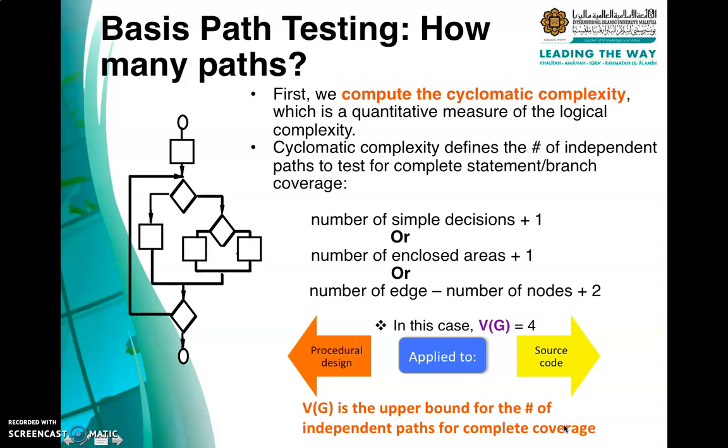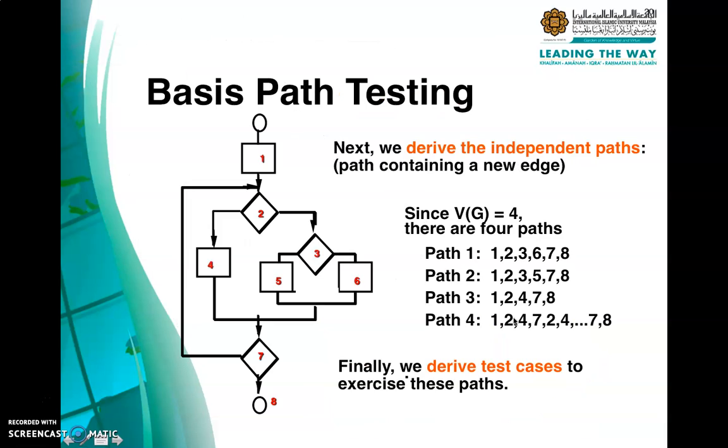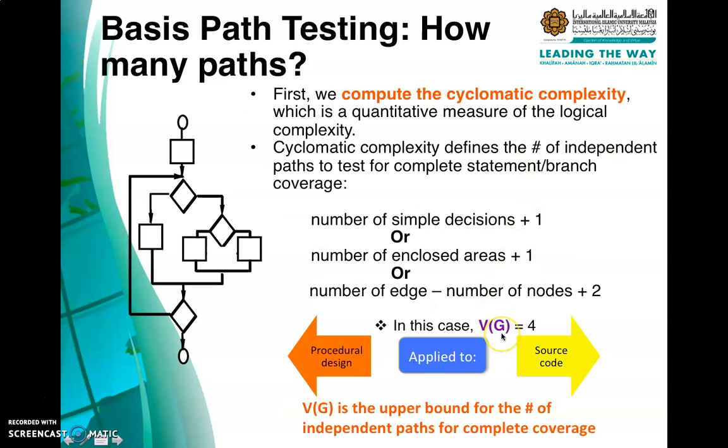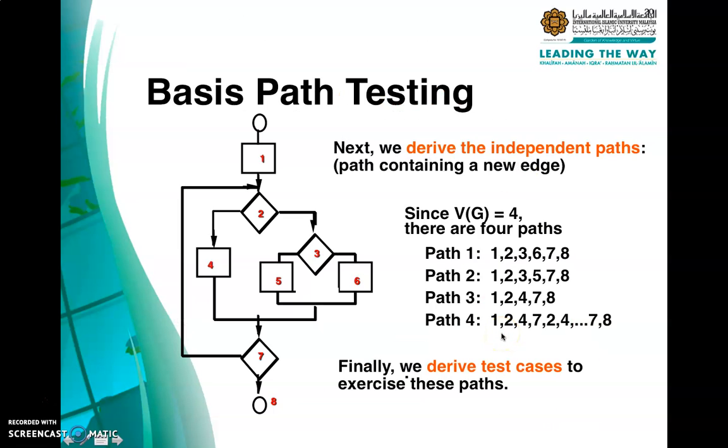So firstly we identify the cyclomatic complexity. Since there are 4 here, that means we need to identify the independent paths, equivalent to the cyclomatic complexity number. So we can derive the independent paths here, knowing that the cyclomatic complexity is 4 for this particular flow chart.